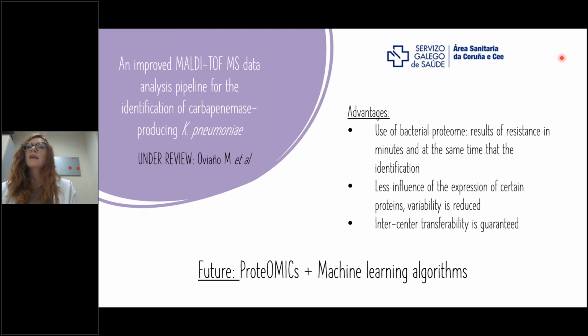As it is automatically performed, it just takes minutes, so it is very easy. It is less influenced by the expression of certain proteins, so variability is clearly reduced. And the inter-center transferability is also guaranteed.